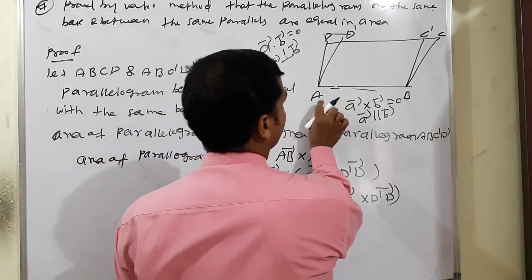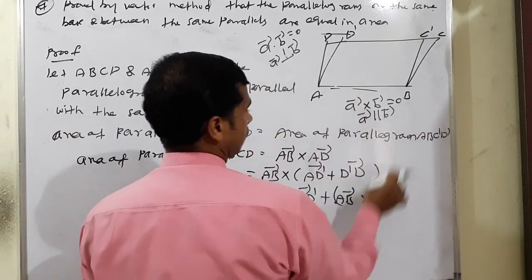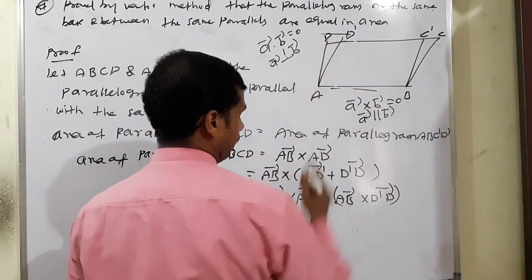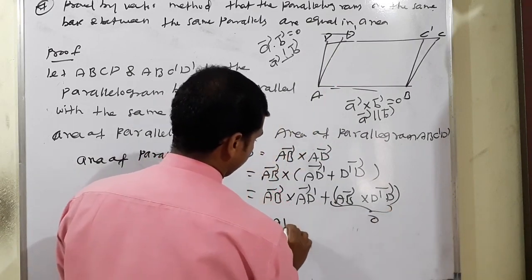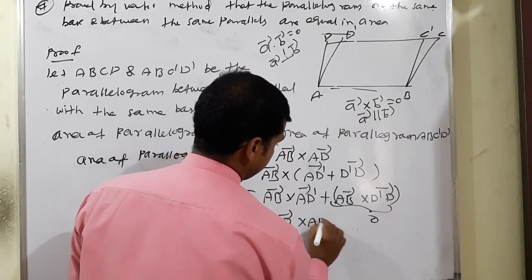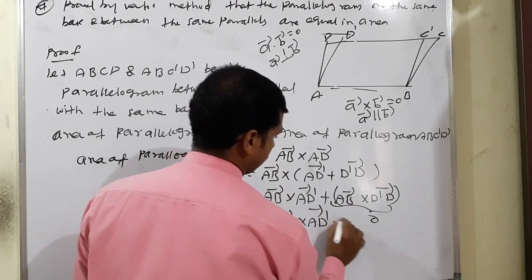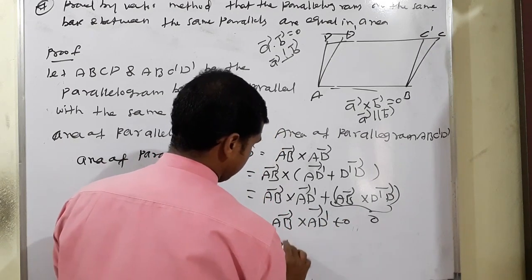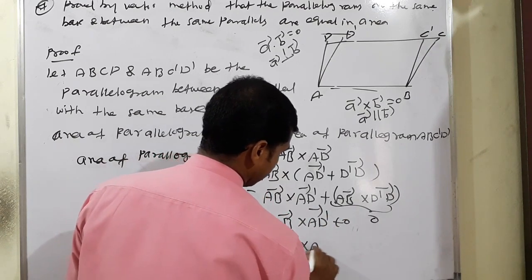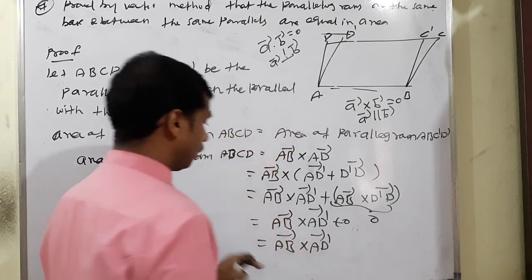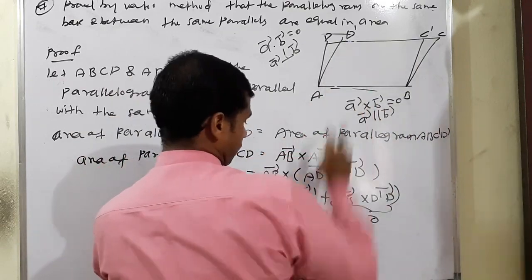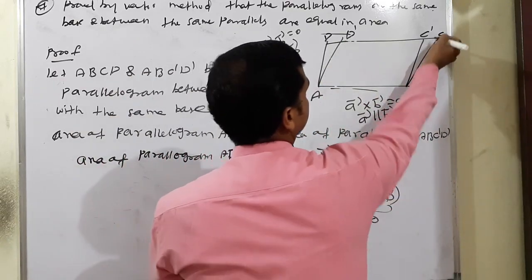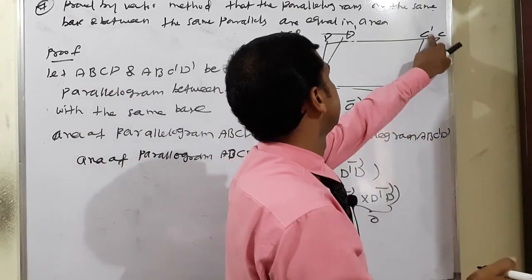Therefore, AB vector is parallel to D dash D, so this whole term is considered 0. Therefore, AB vector cross AD dash vector plus 0 gives AB vector cross AD dash vector. Look at AB vector and AD dash, in the opposite direction of the parallelogram ABC dash D dash.